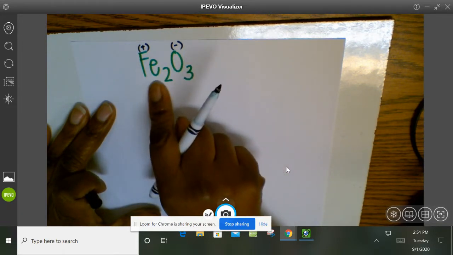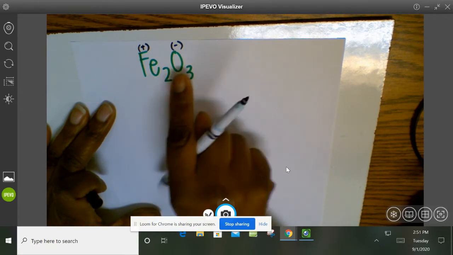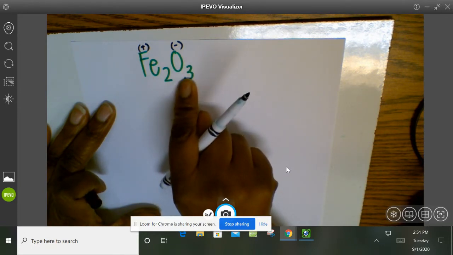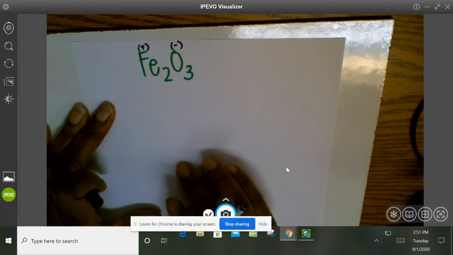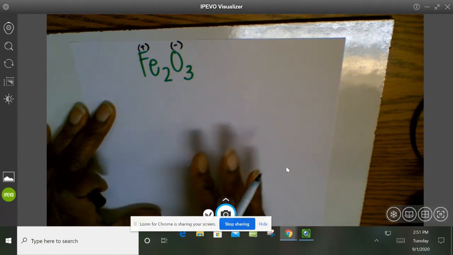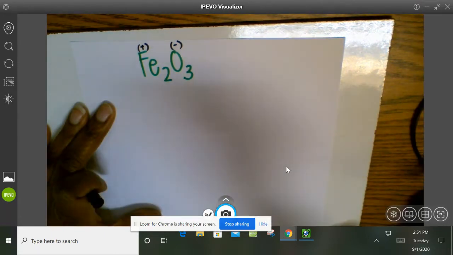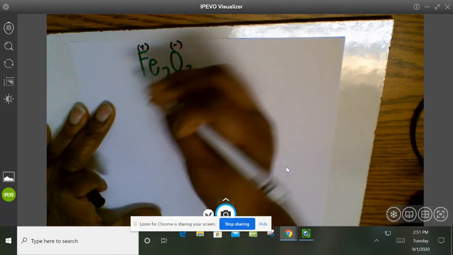I don't know what the charge is on this one, but I do know what the charge is on oxide. So the anion will help you figure out what the charge should be on the cation. So let's use oxide.